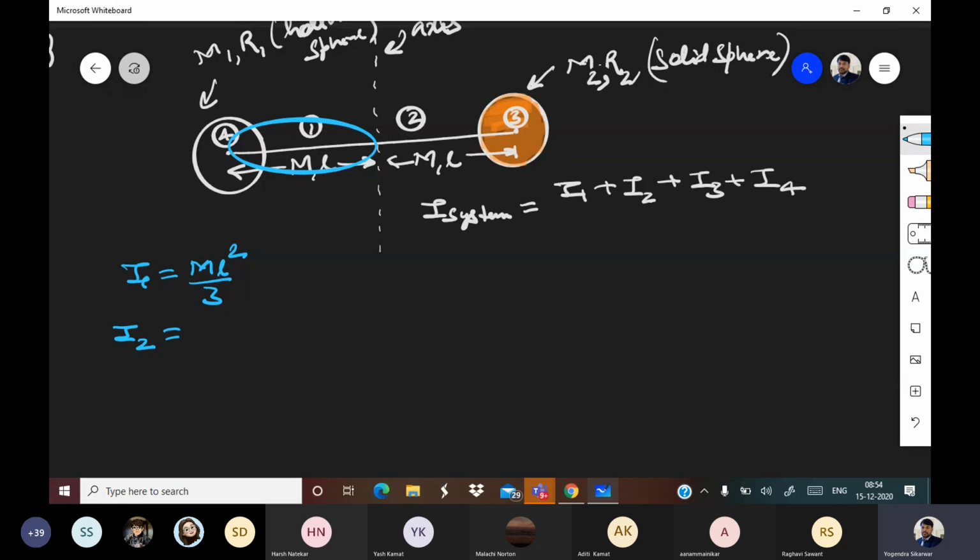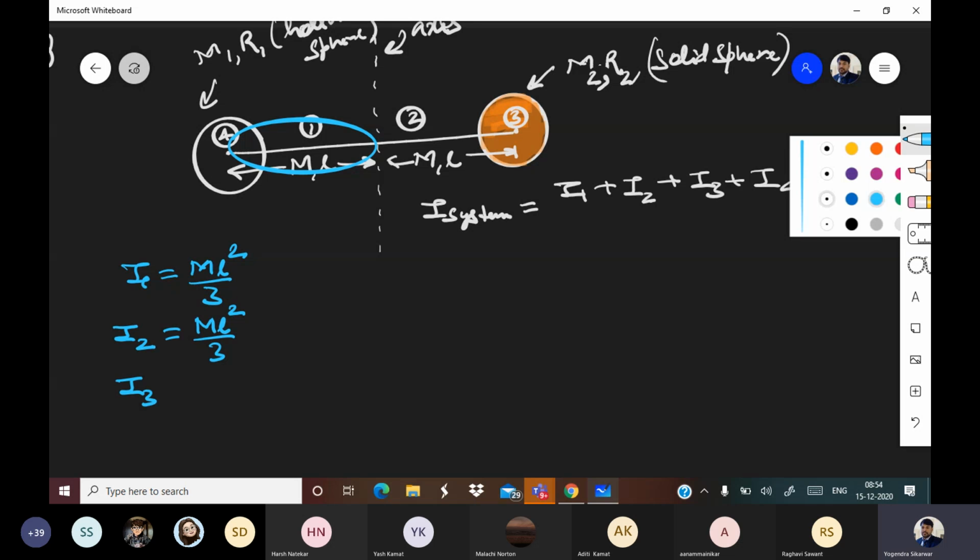I2 will also be ml square by 3. Now comes I3. Pay attention, everyone.